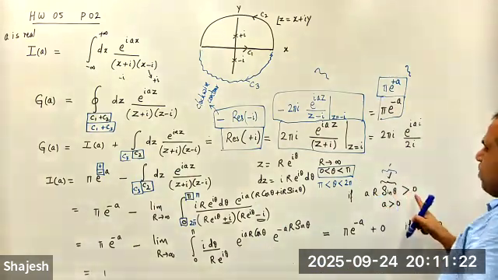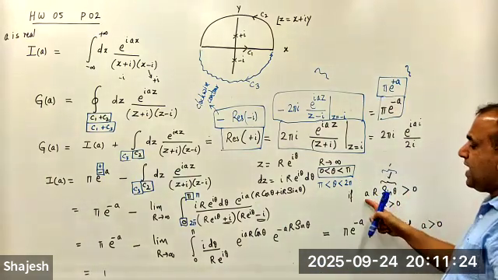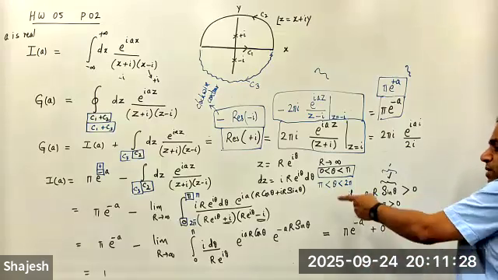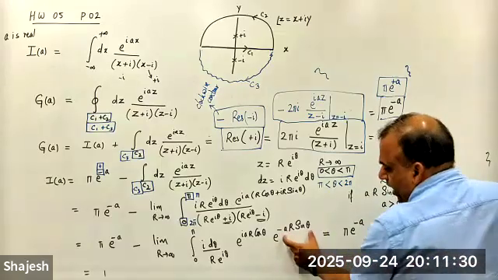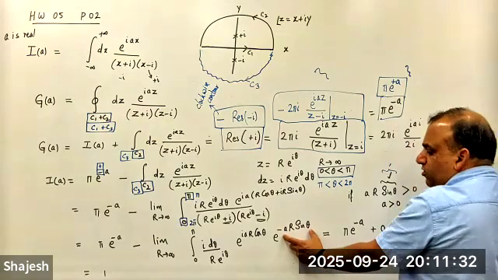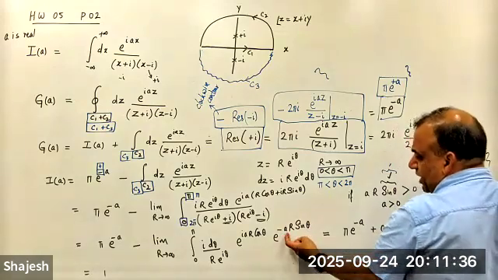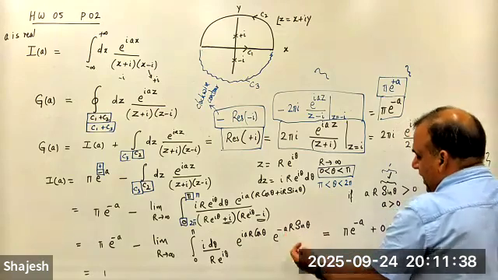That means if I want this to be greater than 0, a has to be less than 0. If I want to keep this whole exponential positive, so that it is converging, then a has to be negative.